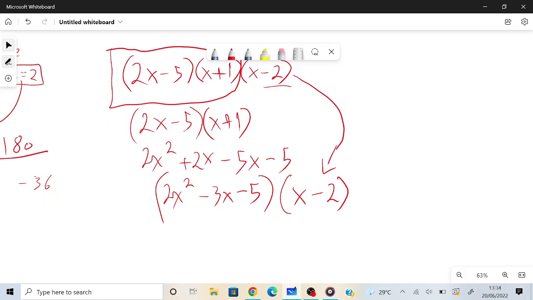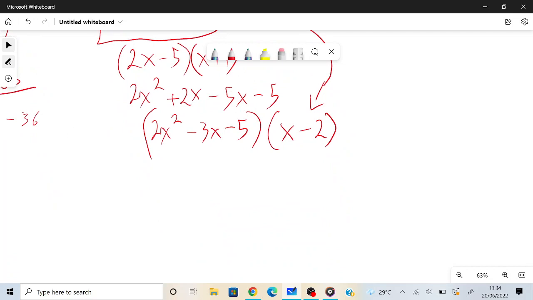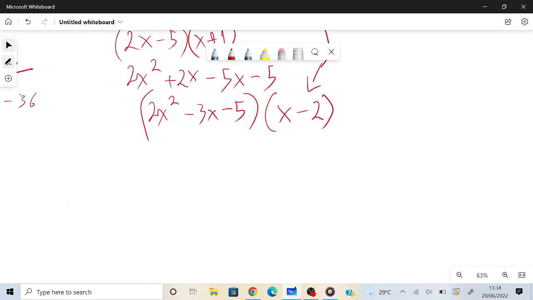Now this can be a long process, so make sure your algebra is strong, make sure you work well with the minuses, and you know how the indices work, because x times x would be x squared. Don't go and write x only, that would be wrong. So 2x squared into x, that would be 2x cubed. 2x squared into minus 2, that's minus 4x squared.